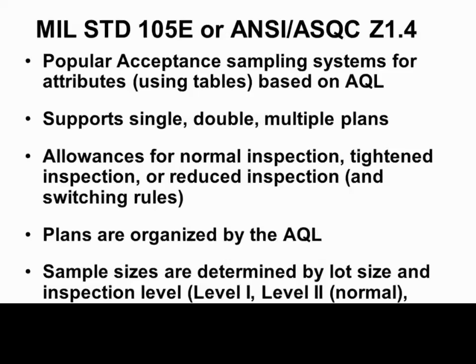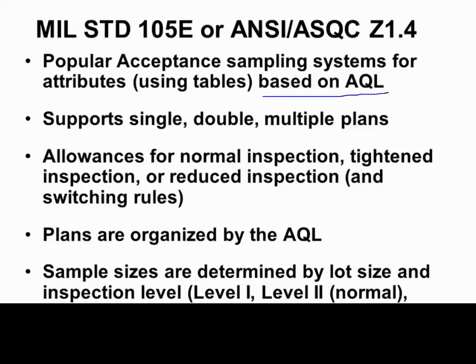I've used these a little bit, but one of the problems I have with them is it's difficult to know which table you actually should use. You're not calculating a sample size based on controlling AQL and RQL and the risks at both ends. A lot of these are based just at one end, like the AQL. You're really only controlling the AQL.